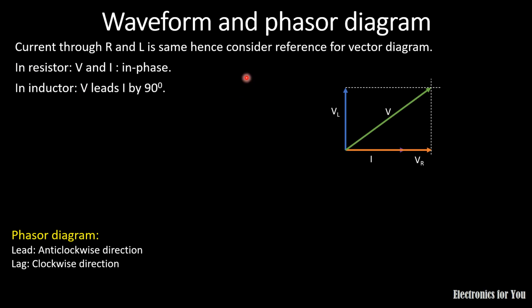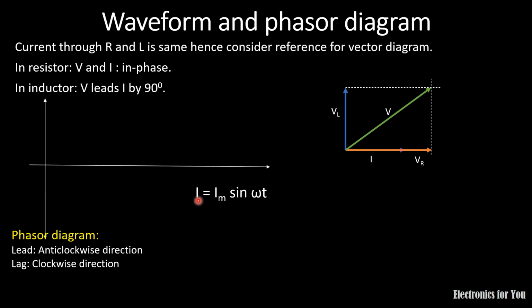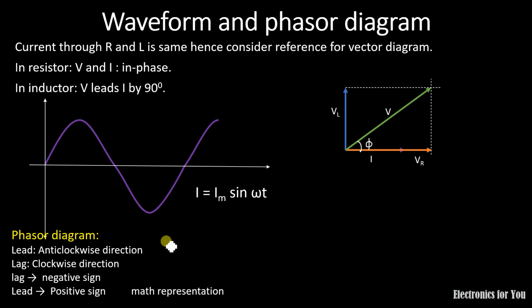Now if you want to write the current equation, it is I equals Im sin omega t, as we are considering the current as the reference here. Therefore the waveform will have the current like this, originating from 0. To write the mathematical representation of the voltage, let the angle between current and voltage be phi, a positive angle, and in the mathematical representation this positive sign indicates the lead.